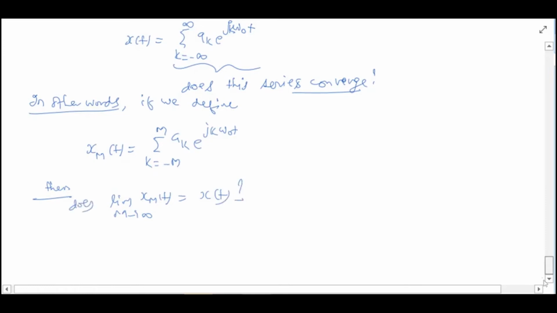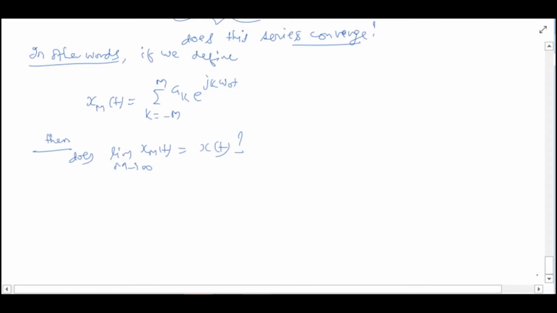Okay, so this is the question that we would like to answer, because the very definition of Fourier series relies on convergence of this. Okay, we answer this question by the following theorem.